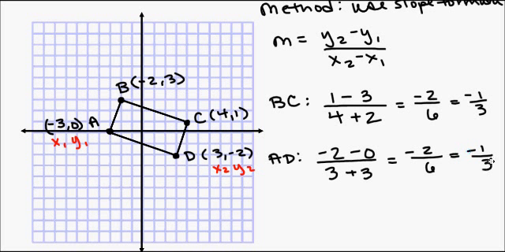Again, this simplifies to -1/3. These are the same slope. That's good. So the opposite sides here definitely have the same slope.